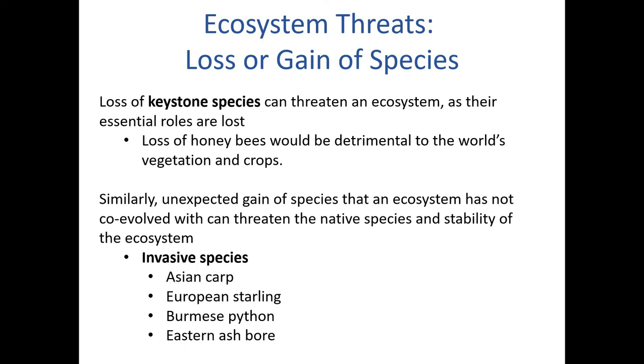And so as global travel has increased, and we have multiple ways of transporting different species to new environments, either accidentally or intentionally, a lot of ecosystems have been threatened by these invasive species. One thing that's really important to think about is that ecosystems develop over time, right?